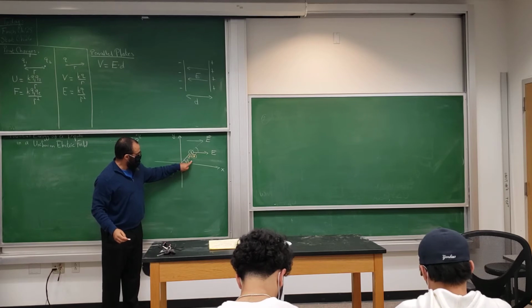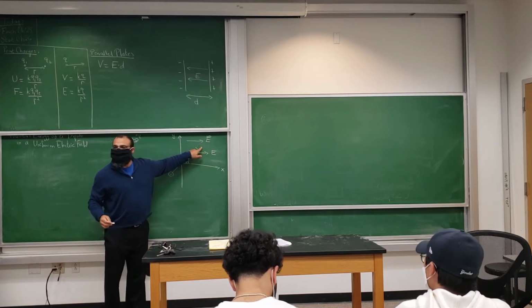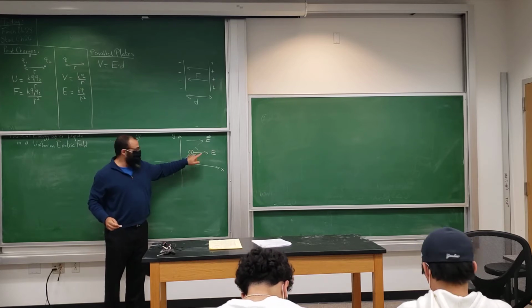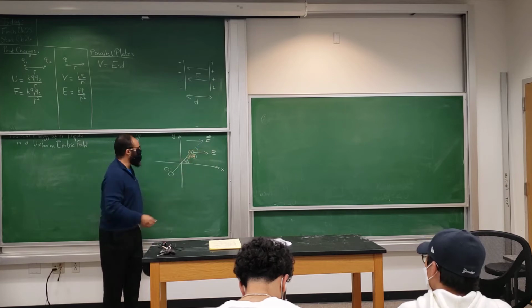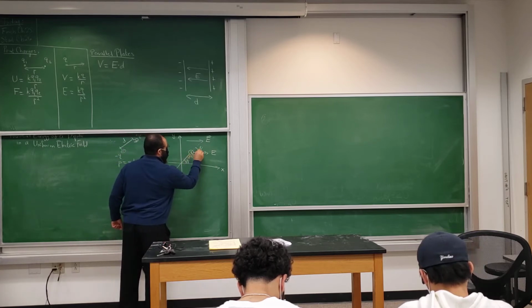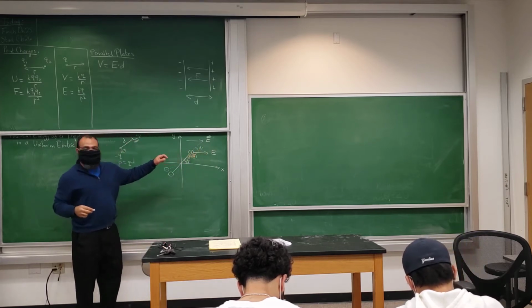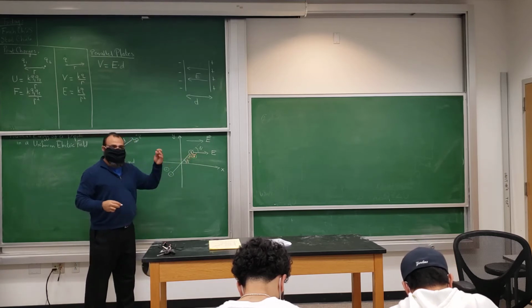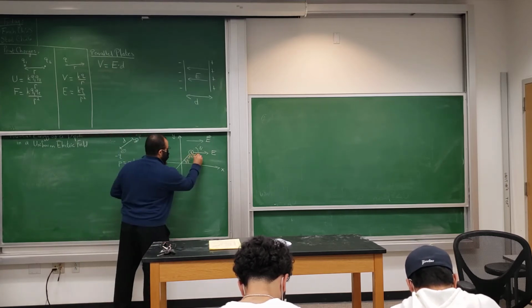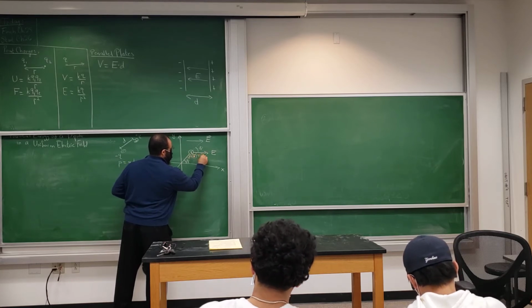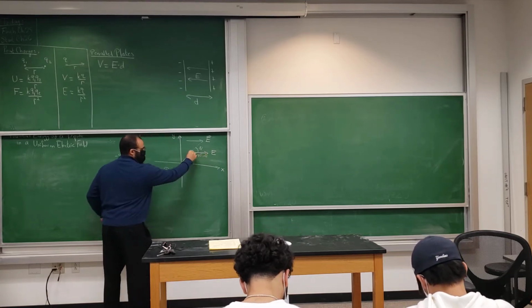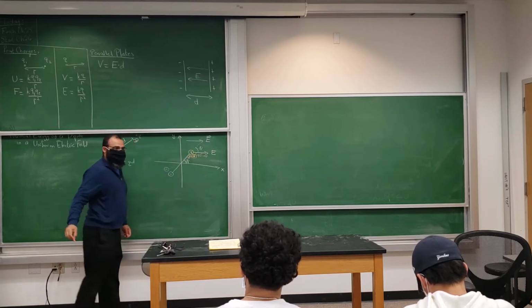This is phi, and those two lines are parallel. What do you call these two angles? Corresponding angles, yeah. So phi here, and this one, the orange one, is 90 minus phi. And the displacement is ds.